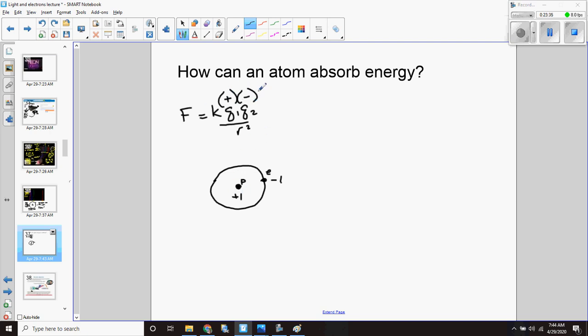When you're all said and done, you're going to end up with a force, but the force is going to be negative. What does negative mean in force? Negative means attraction.